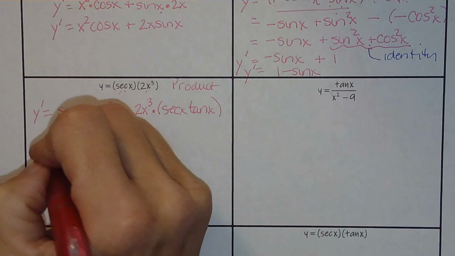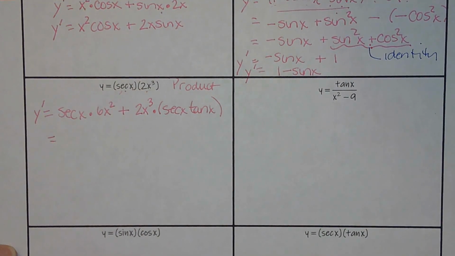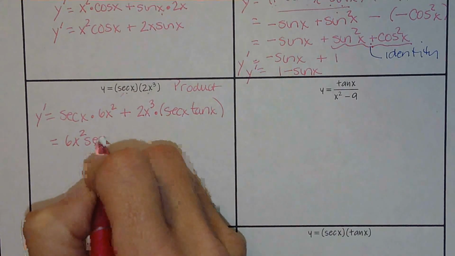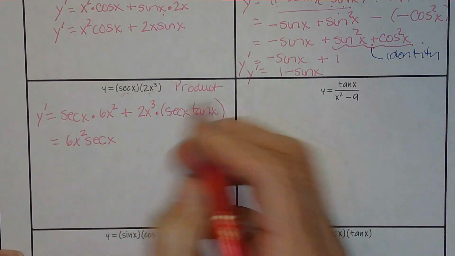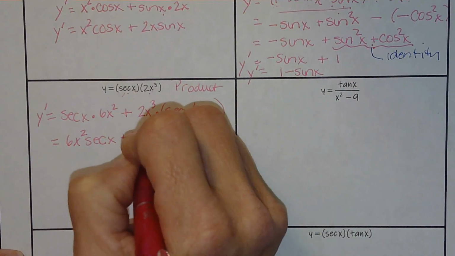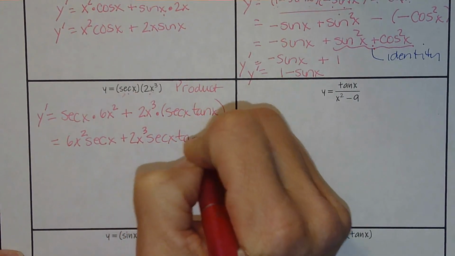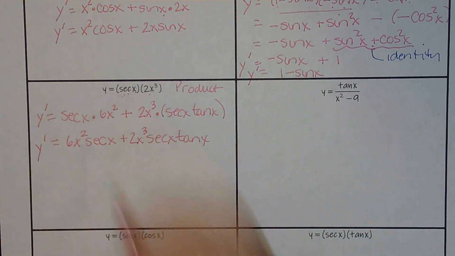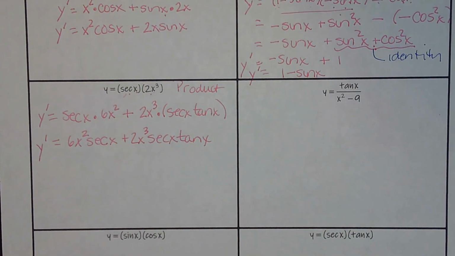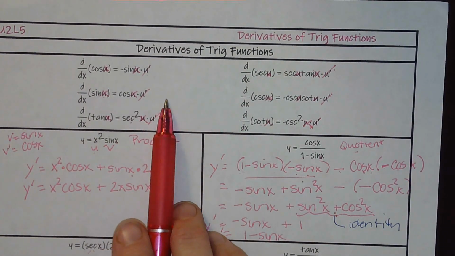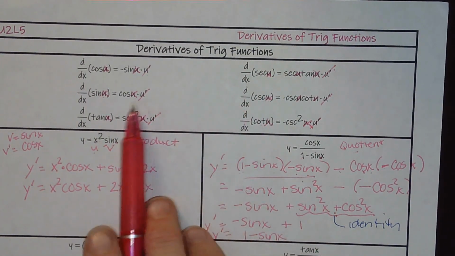And then if there's any cleaning up to be done, I like to put the 6x squared secant of x in the front, plus 2x cubed secant x times tangent of x. And there's your derivative. So these are formulas that you need to know, and you need to know how and when to use them.